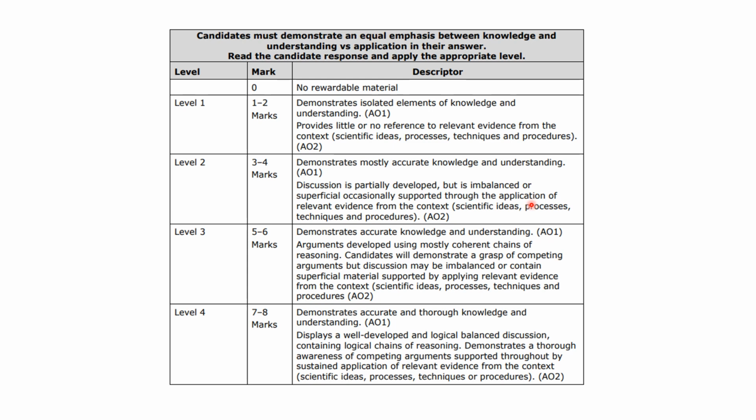But in band 3 you've got this mention of competing arguments. If you don't have those competing arguments, you cannot score in band 3. So you've got to make sure you include another explanation, another theory, another model in these kinds of questions. So you've got to have that grasp of competing arguments.